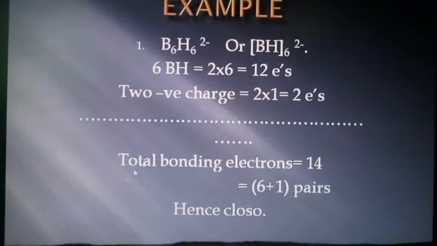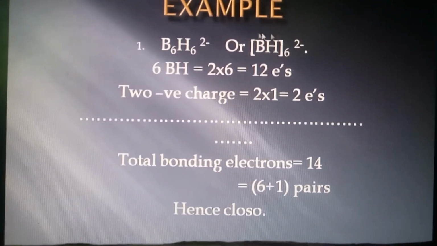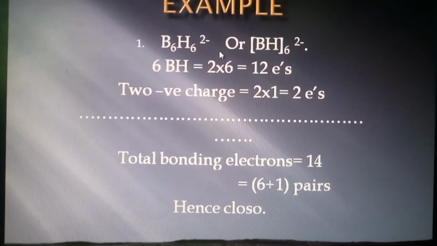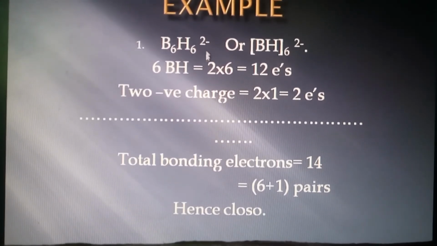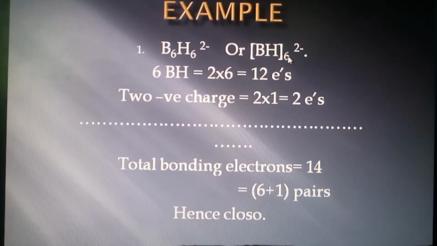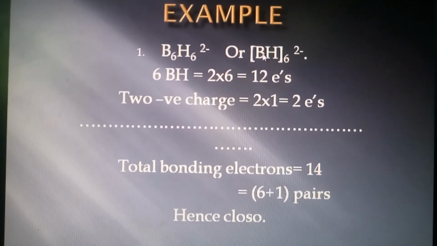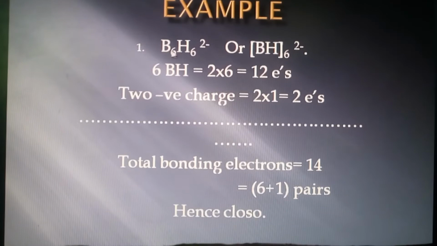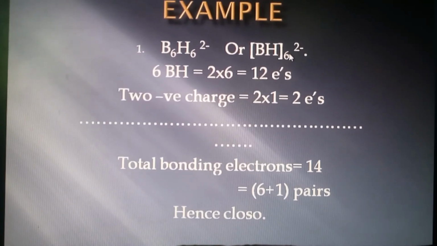Let me now discuss some examples. First example is B6H6 2-. We may represent this as (BH)6 2-. After representing B6H6 as (BH)6, we get 6 BH units in this compound.